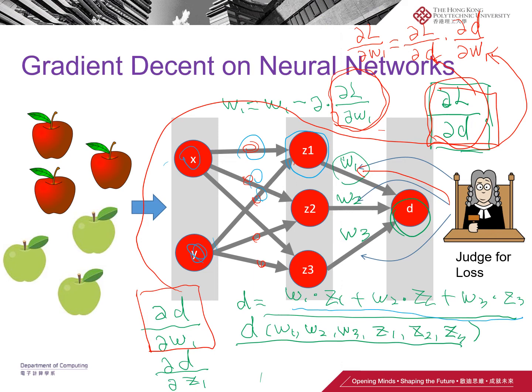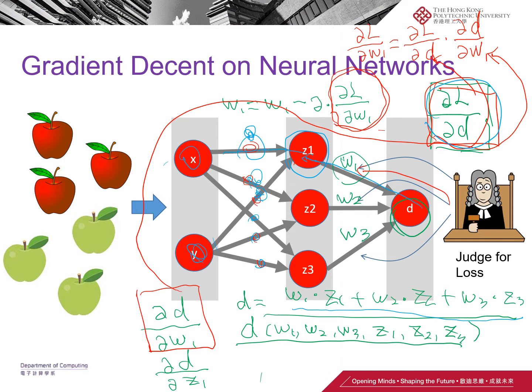So we can calculate the partial derivative on these weights with the chain rule again. In that case, we are passing this one through this edge back to these nodes.